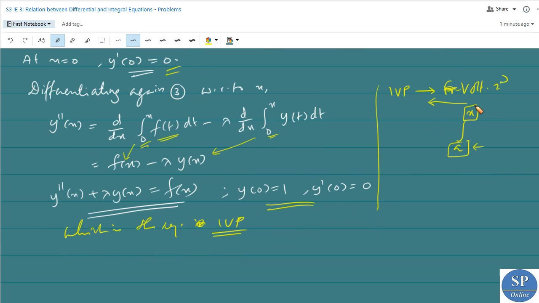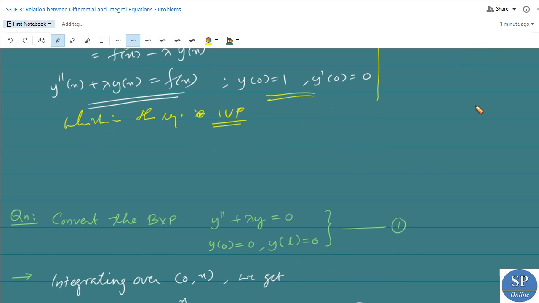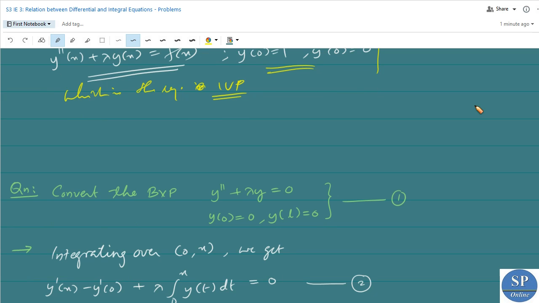Okay. Now we can illustrate the method of converting a boundary value problem into the corresponding integral equation and vice versa. Here the boundary value problem has boundary conditions when x equals 0 and x equals L. Our question is to convert this boundary value problem into the corresponding integral equation. Since it is a boundary value problem, the corresponding integral equation will be a Fredholm integral equation.